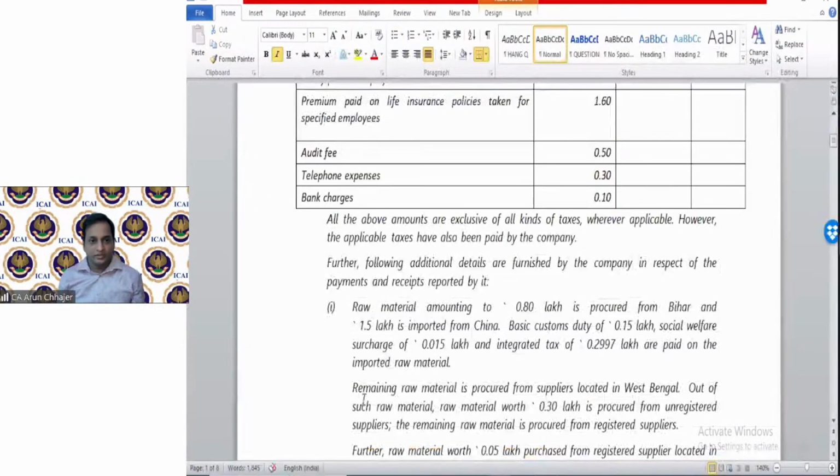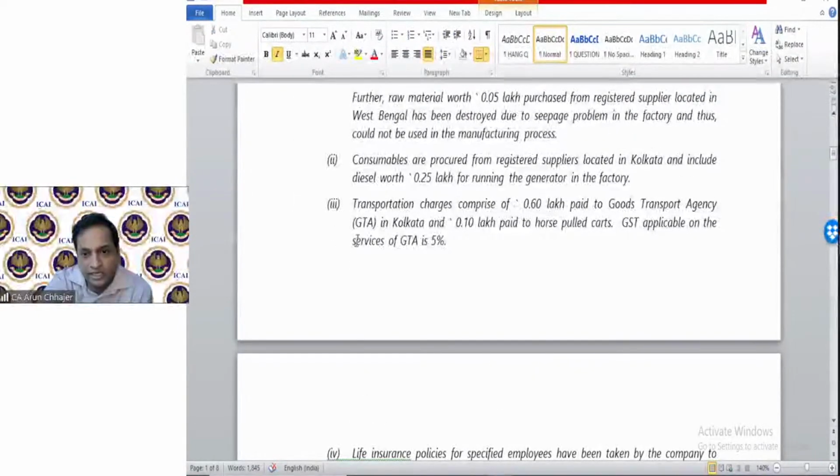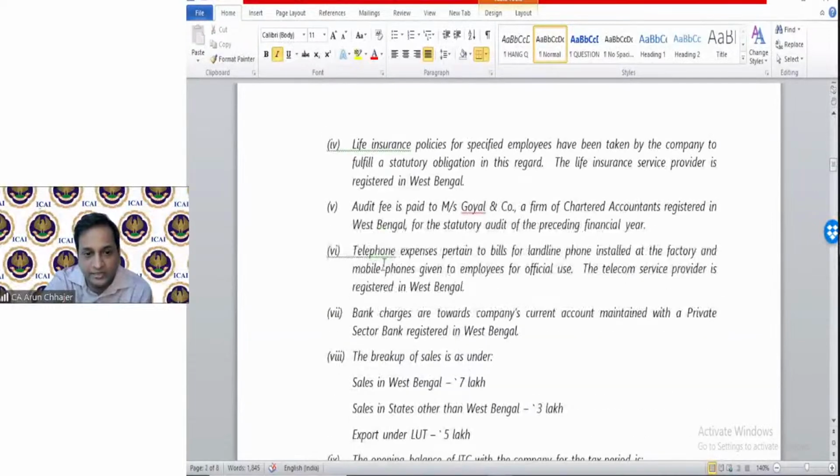So next is telephone and bank charges. Telephone charges pertain to the bills for the landline phone installed at the factory and mobile phone given to the employee for official use. Telecom service provider is registered in West Bengal. Bank charges are toward the company's current account maintained with a private sector bank registered in West Bengal.